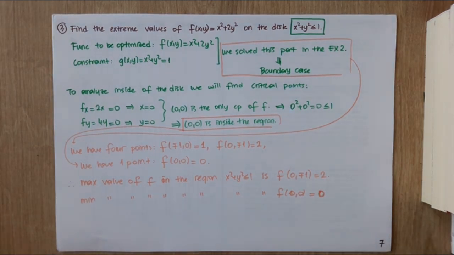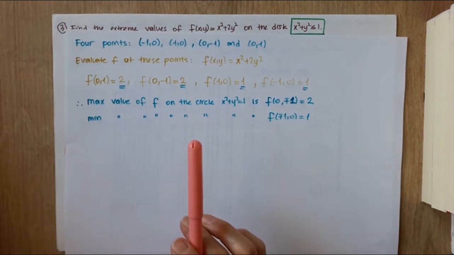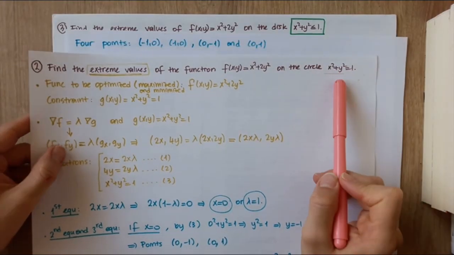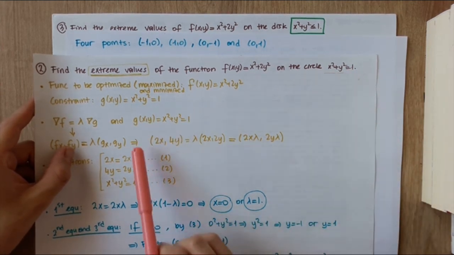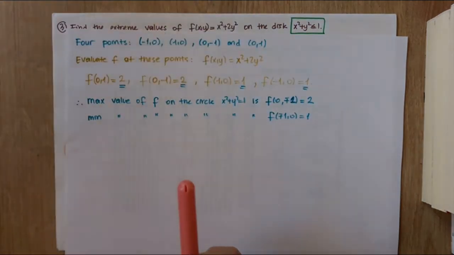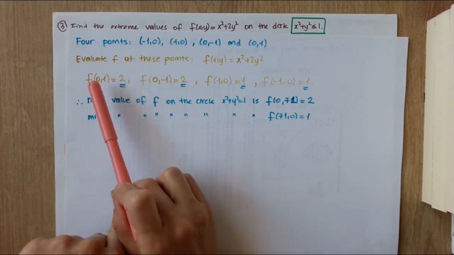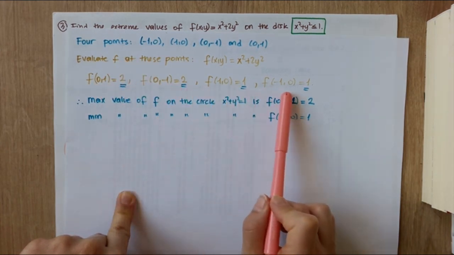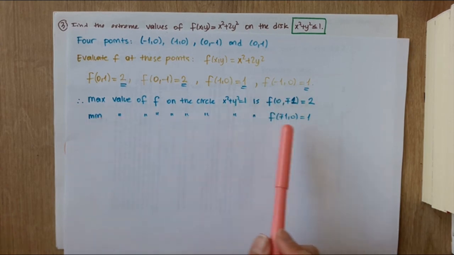Okay, so I just want to compare these two results here. In the former question, we are on the boundary of the disk. We have just a circle, and we analyze this circle using Lagrange multipliers, and we obtained 4 different points, and we calculate our function at these points and obtain 2 and 1 as a result. So the maximum value is 2, the minimum value is 1.